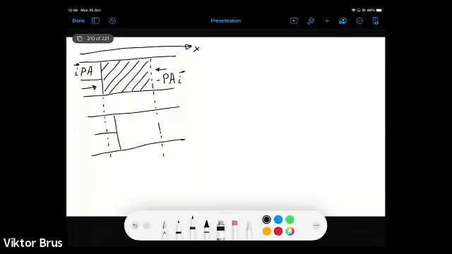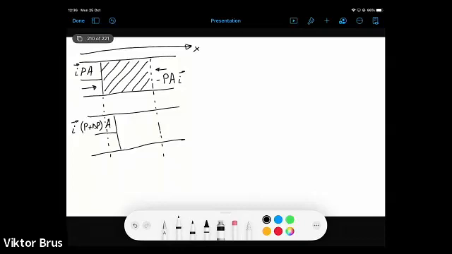Because of additional pressure from left side, so we can write P plus delta P times A. There is some deviation from this equilibrium condition, and this piston is moving to the right, pushing this air to the right also.